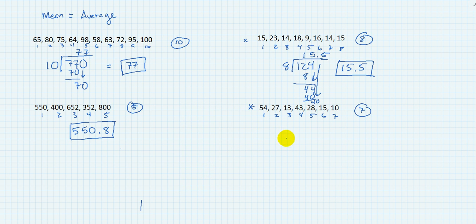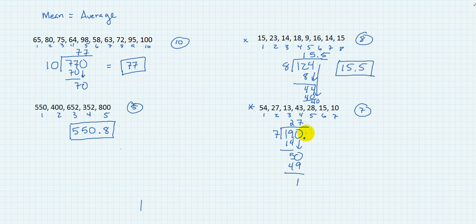And we get 190. Again, let's go ahead and practice our long division. 7 goes into 19 2 times. That's 14. That's 5, 0, bringing down the 0. And 7 goes into 50 7 times. 7 times 7 is 49. And you could have guessed and checked if you didn't know that.